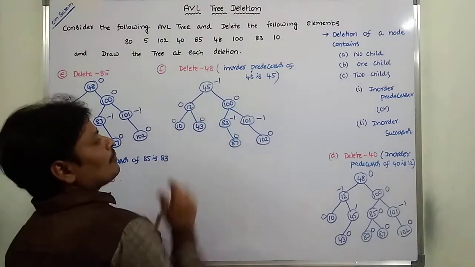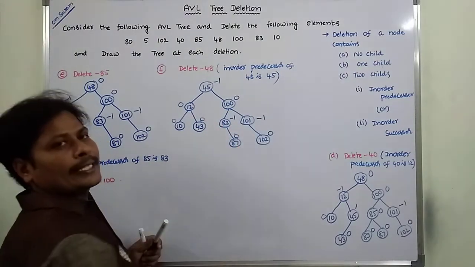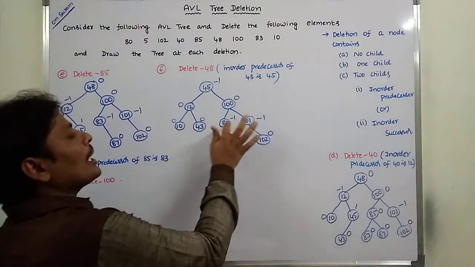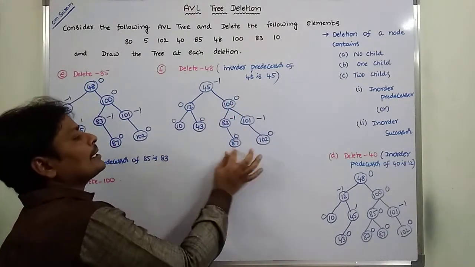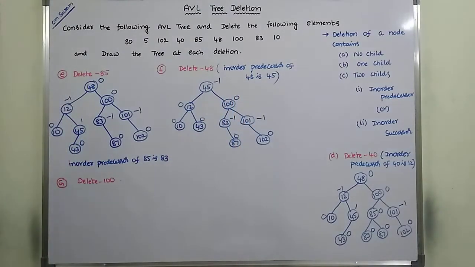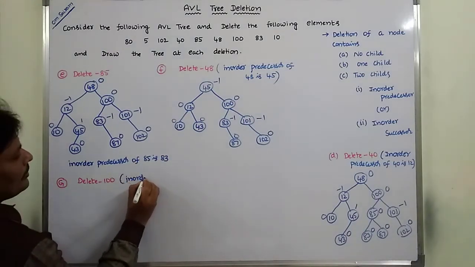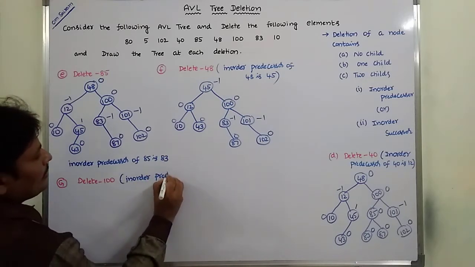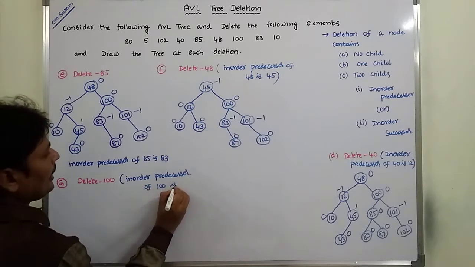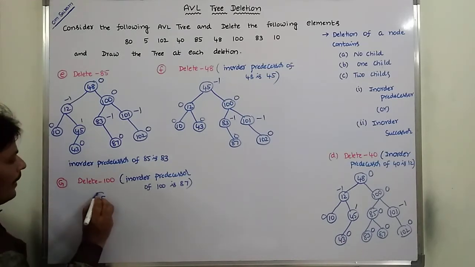Okay. So in this one, the left subtree contains two elements, that is 83 and 87. The maximum element in the left subtree is 87. Now we have to replace 100 with 87 because the in-order predecessor of 100 is 87. So now the root node is 45.